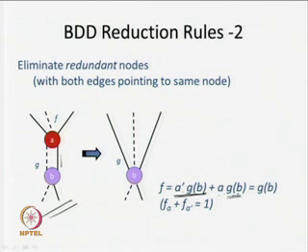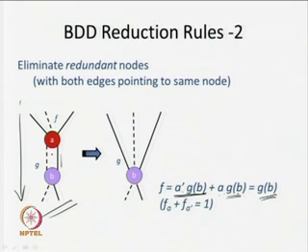So, this is basically what happens: A dash G B plus A G B, which is equal to G B. That means the function we are going to have is redundant, or irrelevant, to the decision on this particular A in this part. So, that is why we are going to eliminate this redundant node.